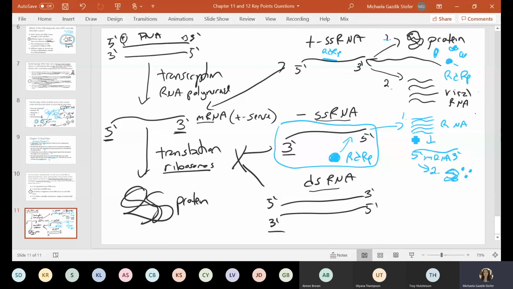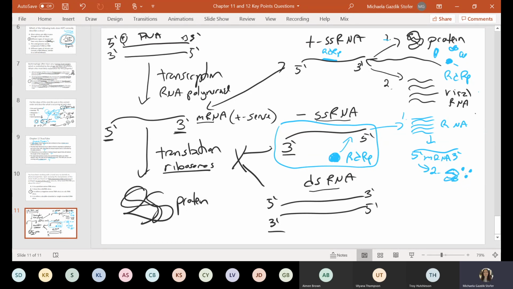The difference was we had to do them in the opposite order, because our cells, so no cell, will translate this negative sense or double-stranded RNA. So instead, we need to replicate it first and switch its orientation. So now the cell will recognize this to make all of the viral proteins that we need.